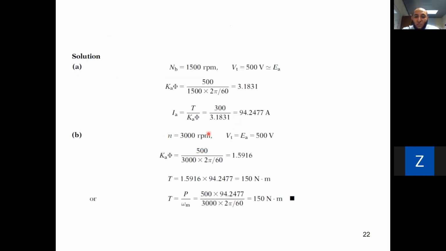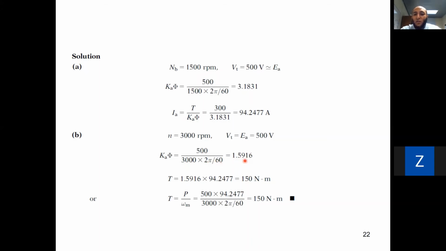So the speed now is 3000 and the terminal voltage is 500, and it's approximately equal to EA because it's a very high speed and the armature current will be very low. So we can calculate K phi by the same way, which is V divided by N or omega, because we multiplied here by 2 pi by 60.